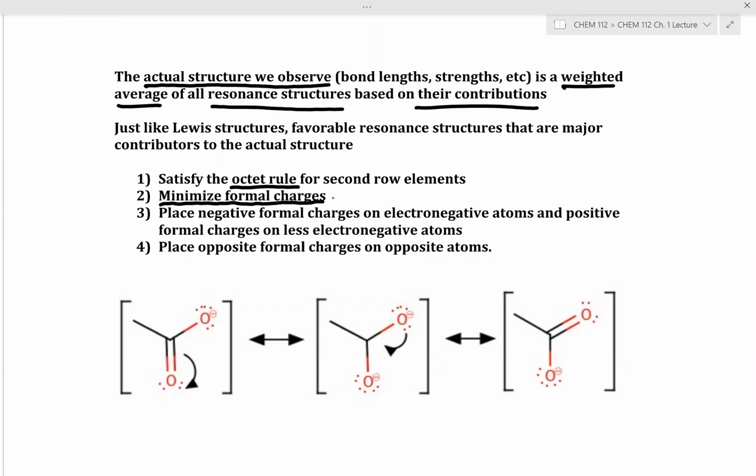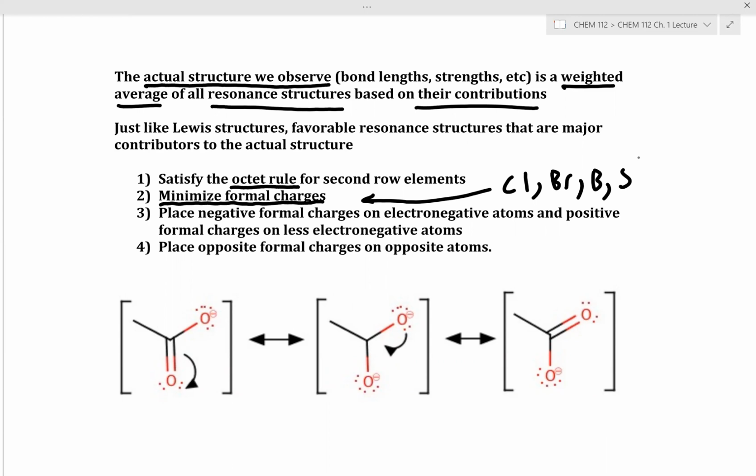So in general, for carbon, you're almost always going to want to satisfy the octet rule. Formal charges come into play primarily when you have species like chlorine, bromine, boron, sulfur. So species that exhibit either expanded octets or incomplete octets, the formal charges really start to play a bigger role.